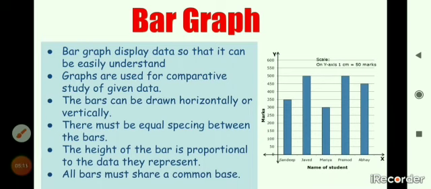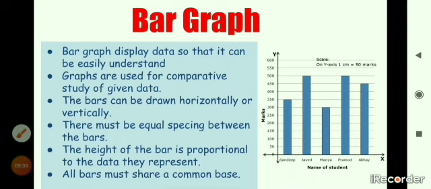The bars can be drawn horizontally or vertically as per our necessity. There must be equal spacing between the bars. You can see the blue bars are there and the spacing between those blue bars is equal. There must be equal spacing between two bars.